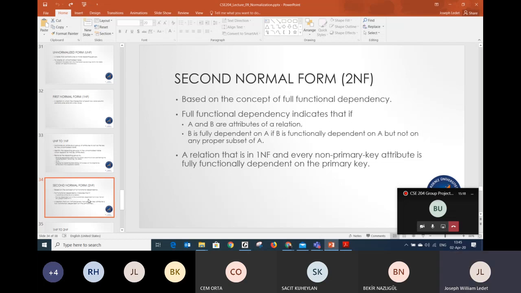So if there is a partial dependency, where some column is functionally dependent on the primary key only because it's functionally dependent on some subset of the primary key, then we don't need the whole primary key for that. We don't need to keep that column in our table. We can move it to its own table, and use the part of the primary key that it's dependent on as the new primary key for the second table.